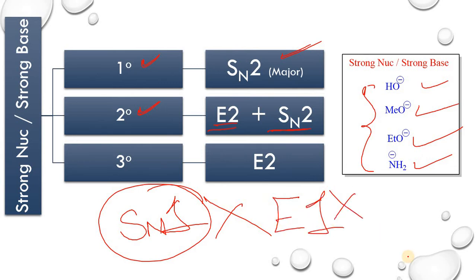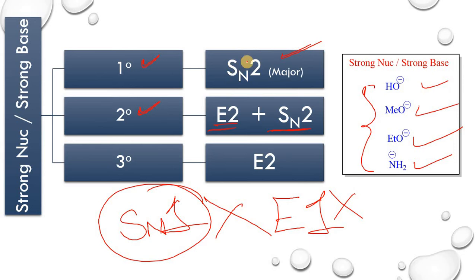In case of strong base or strong nucleophile, you cannot find formation of carbocation. Before formation of carbocation, there is a attacking of nucleophile or there is a abstraction of proton by base.